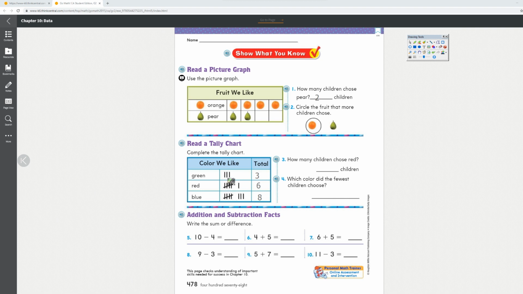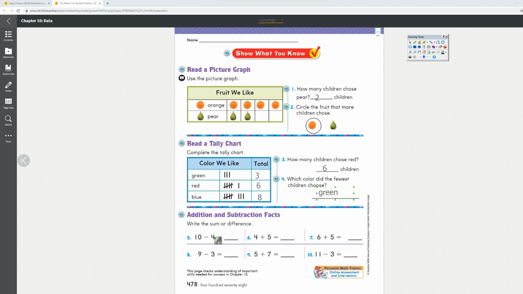You see we have 1, 2, 3, 4, and then 5. We count that line. So how many children chose red? We have 6 total children. And which color did the fewest or the least amount of children choose? It looks like 3 is the lowest number, so green is the color. So green is the color of the fewest children.